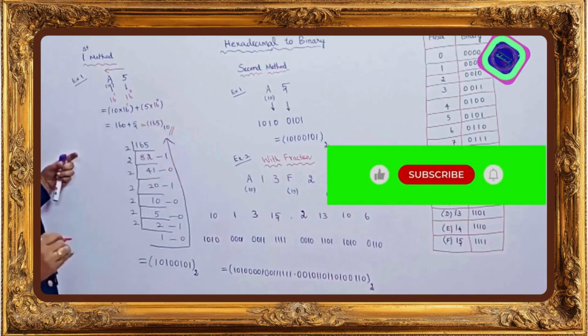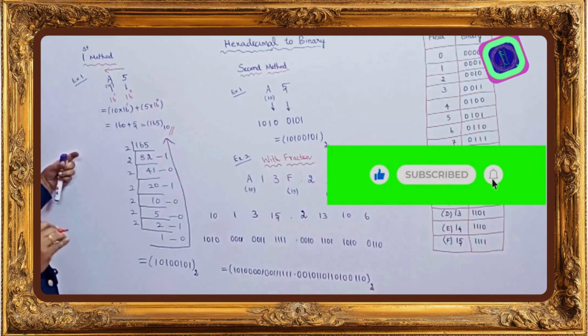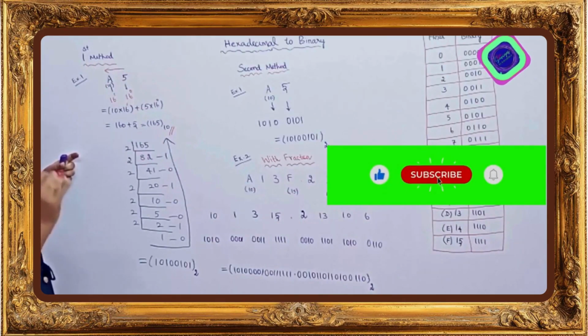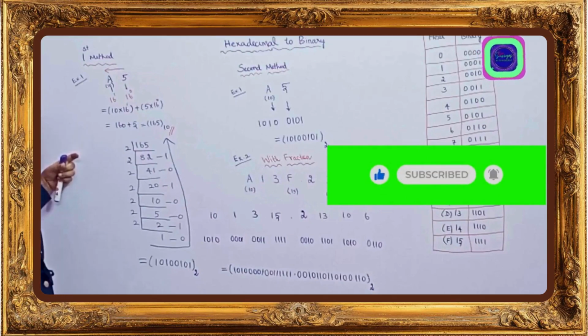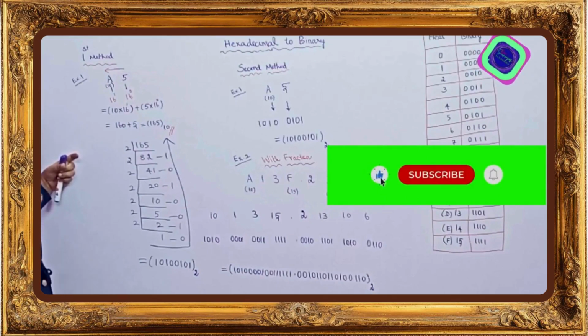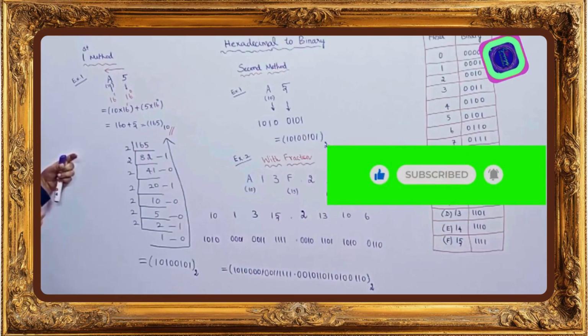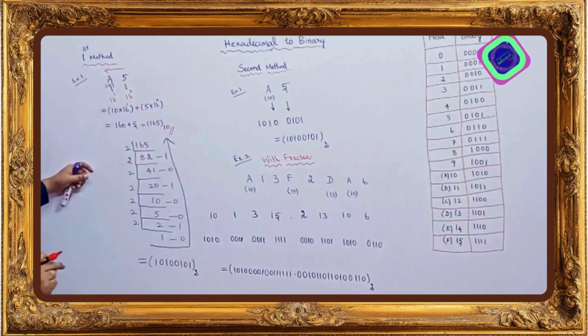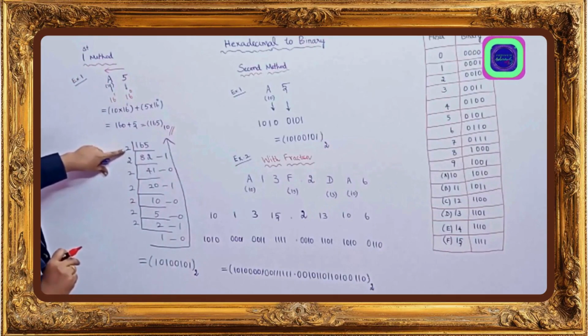Now we have arrived at the decimal value. We want to convert it into the binary value. For converting to binary, the decimal number has to be continuously divided by 2 till it reaches a minimum value, and the remainders have to be noted, and finally the values have to be written from the bottom to the top. Consider 165 divided by 2.